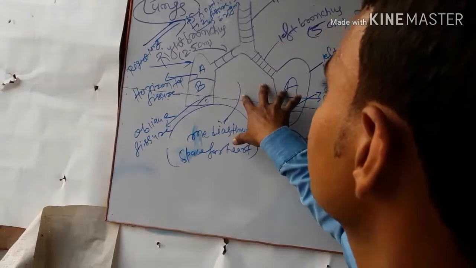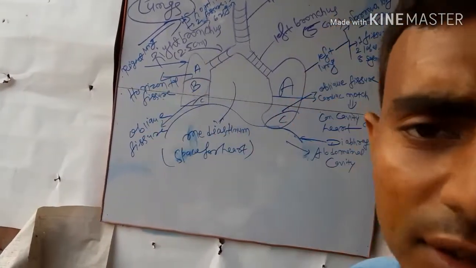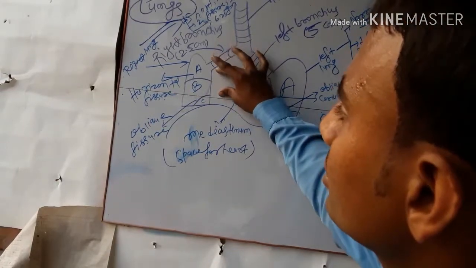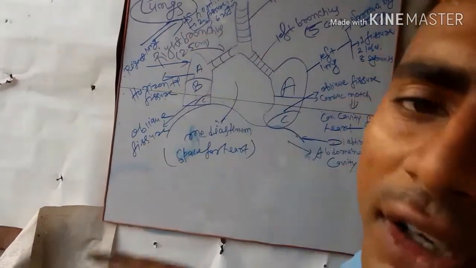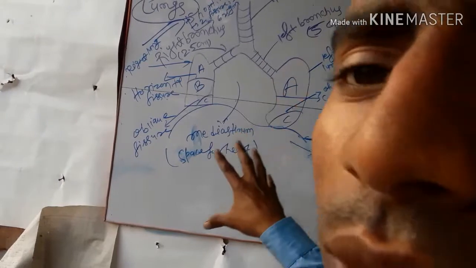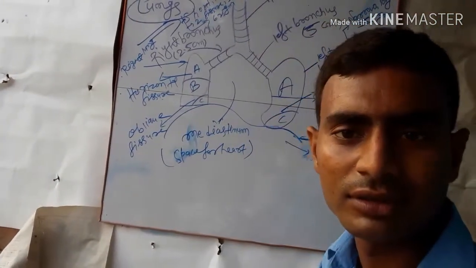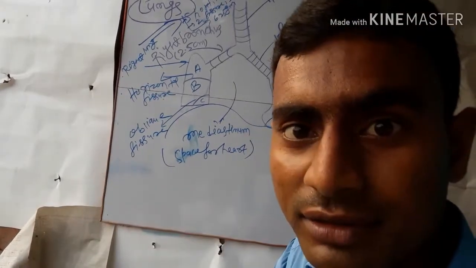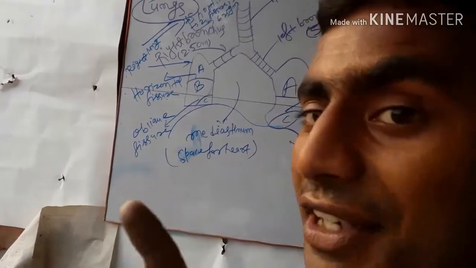This is the left lung, and this is the right lung. The right lung is short in comparison to the left lung. Listen carefully to what I am saying, and after that you can solve any question.